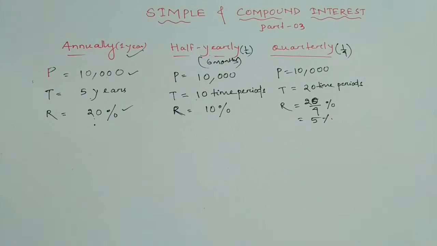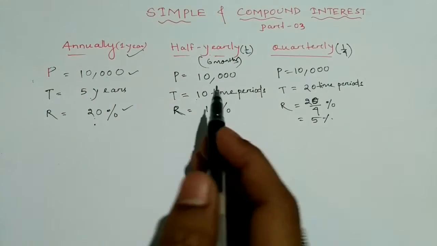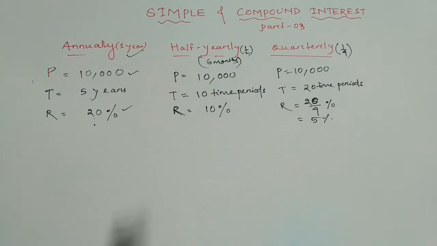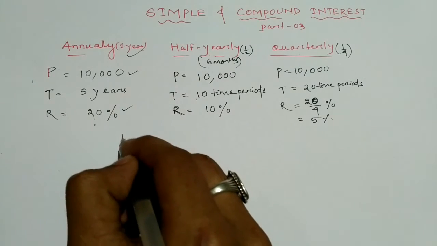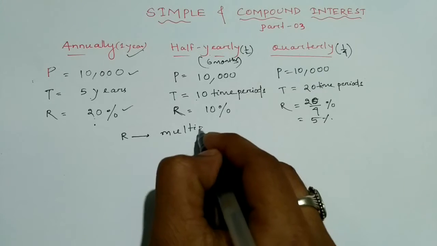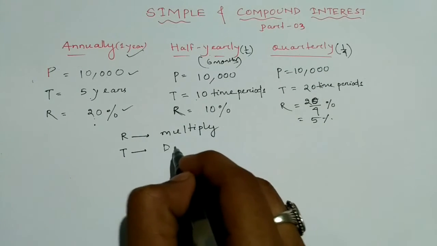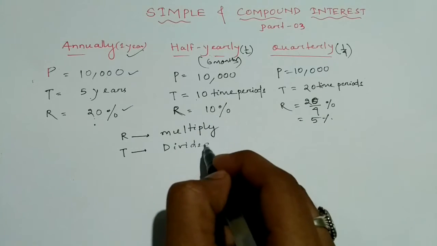So simply remember that in case you have a problem finding the time period and the rate of interest, just remember one thing: r should be multiplied and t should be divided.